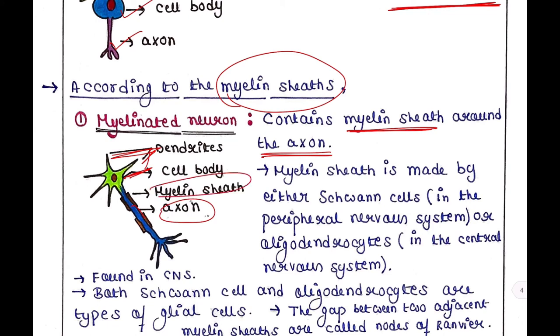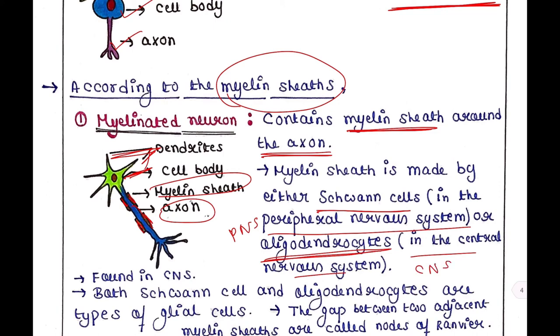The myelin sheath is made by either Schwann cells or oligodendrocytes. Schwann cells are found in the peripheral nervous system or PNS, and oligodendrocytes are found in the central nervous system or CNS.